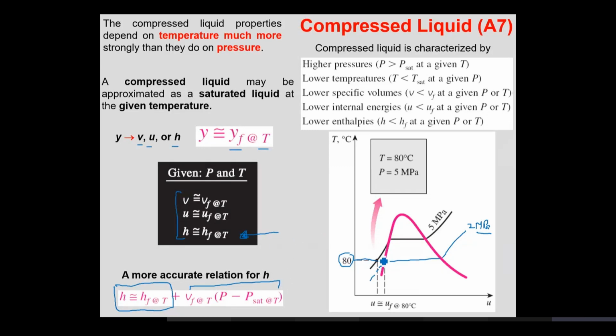It says that you will add the specific volume times delta P. Which specific volume? The specific volume of saturated liquid at this temperature, multiplied by the difference between the pressure given to you and the saturation pressure at this temperature. So you have 2 megapascal and 5 megapascal. You will take the saturated liquid specific volume multiplied by 5 minus 2, which is 3. This additional term would give you a more accurate approximation. Clear enough? So I'll stop over here.